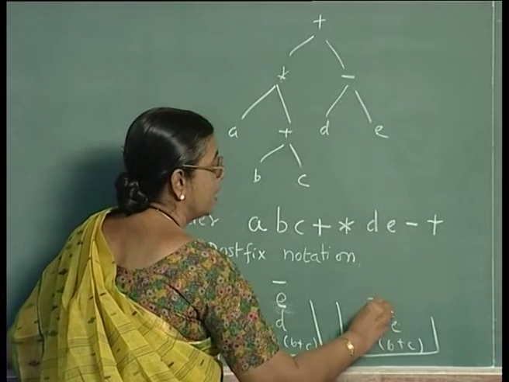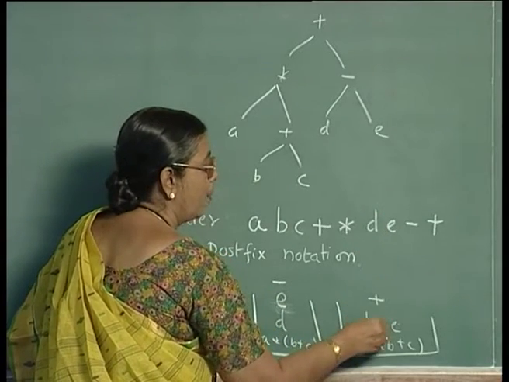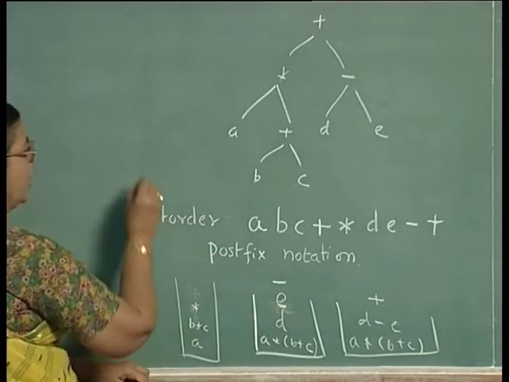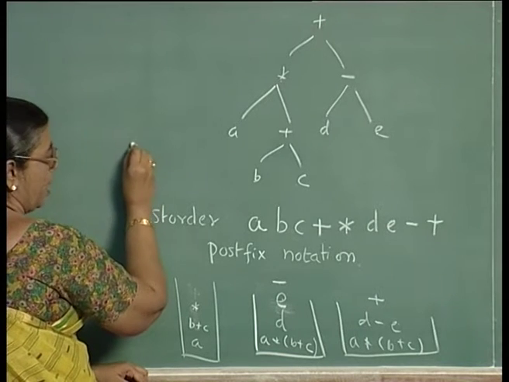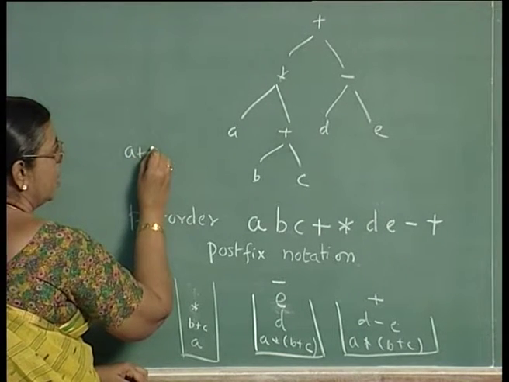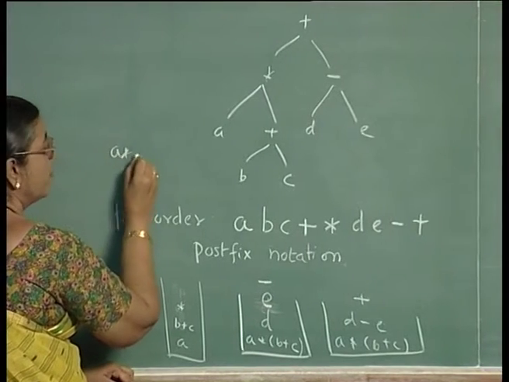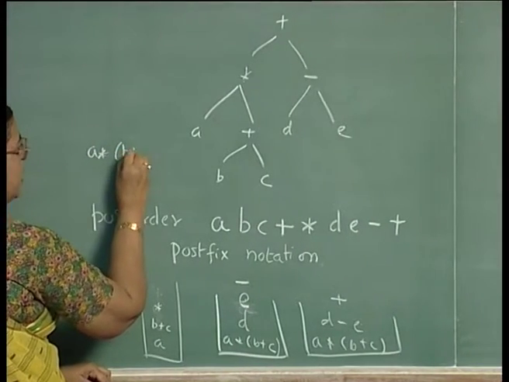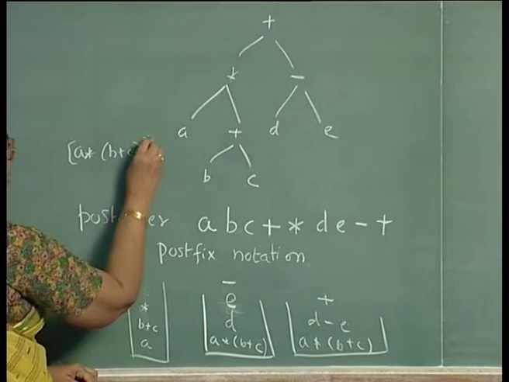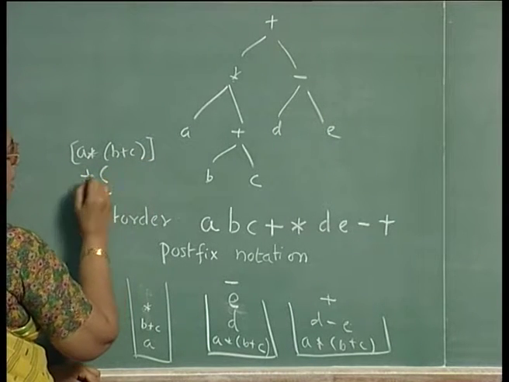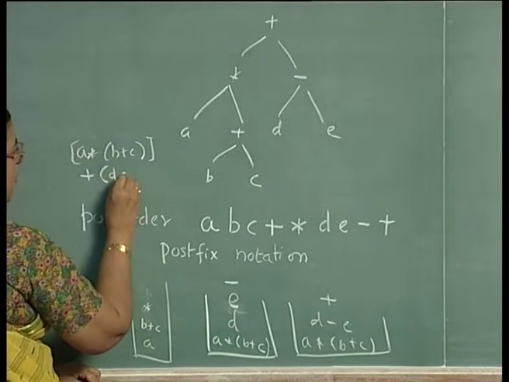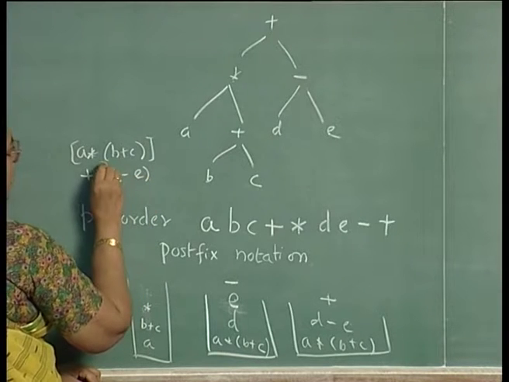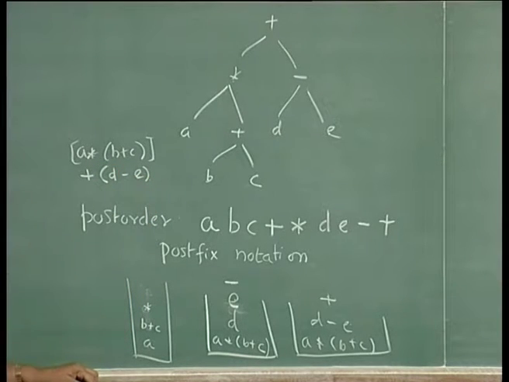When this plus is transferred, it will operate on this and you will get the expression A star B plus C, this is 1, plus D minus E.